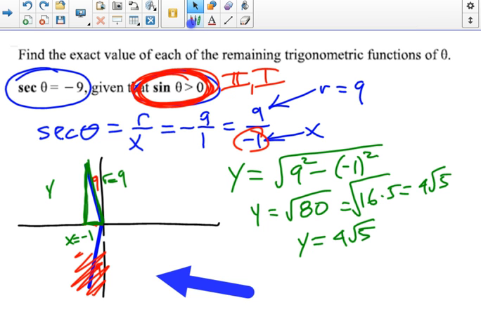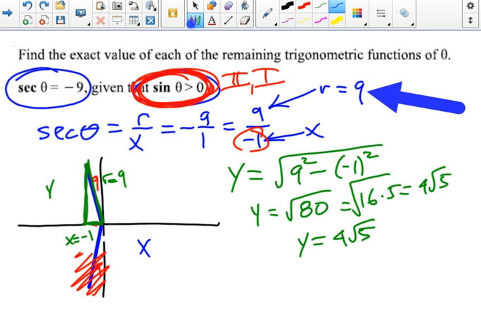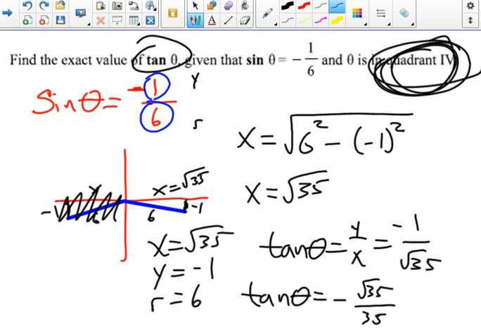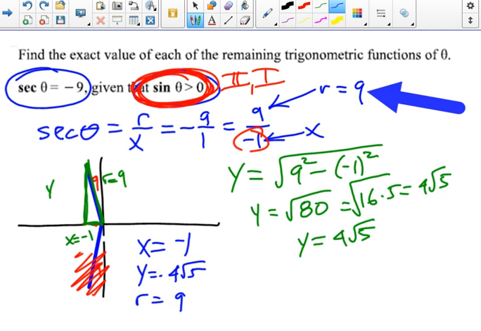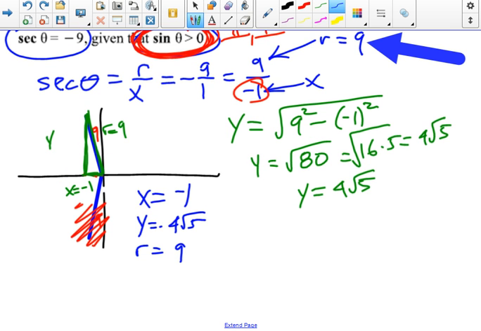That gives me the three values: x equals negative 1, y equals 4 times the square root of 5, and r equals 9. And they want all the remaining ones. So the sine of our angle is going to be y over r, which is 4 square root of 5 over 9.